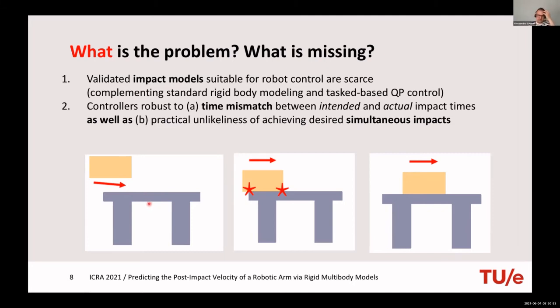So imagine that you have a box and you want to make an impact with a table, with a flat surface. You want to keep a parallelism between the two surfaces during the impact. What actually happens when you perform this kind of motion is that that will never happen.